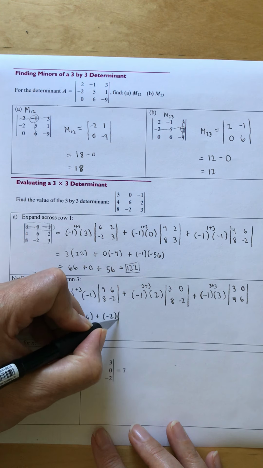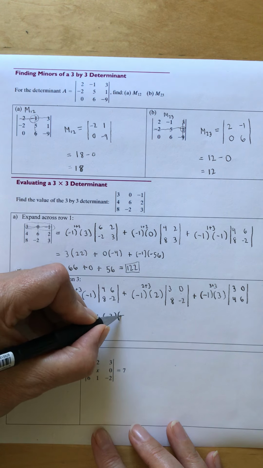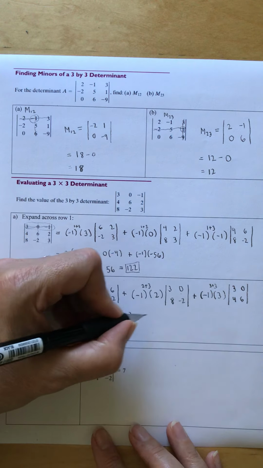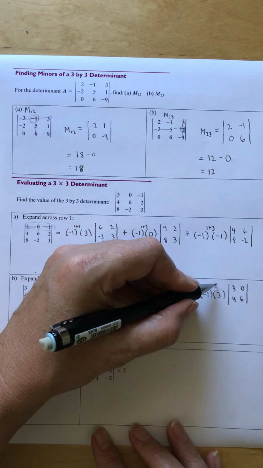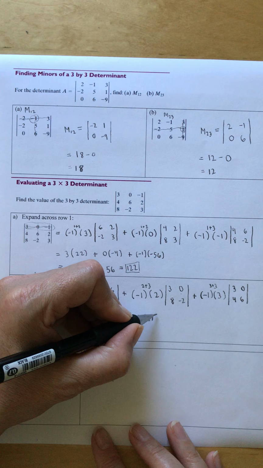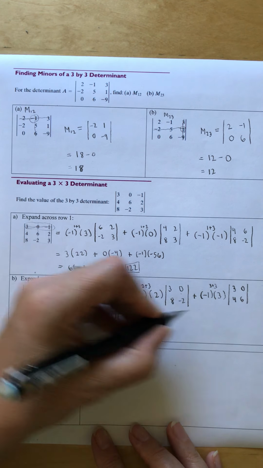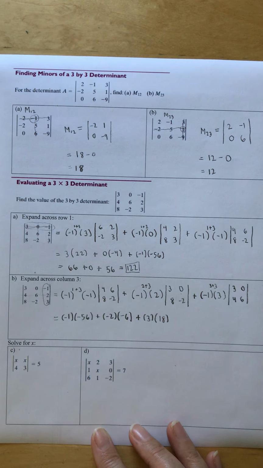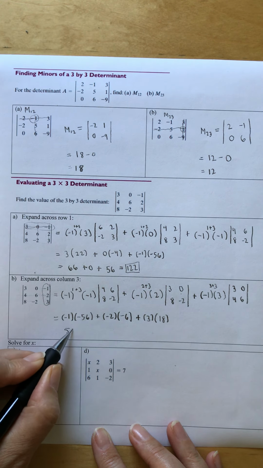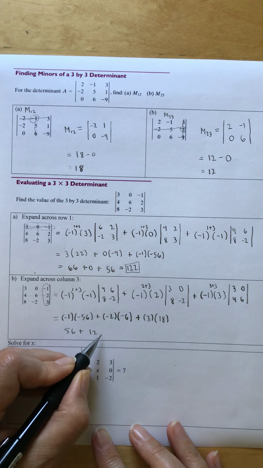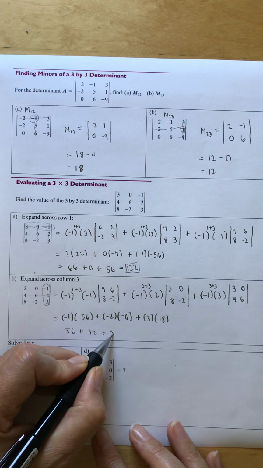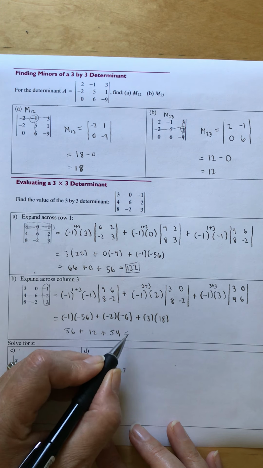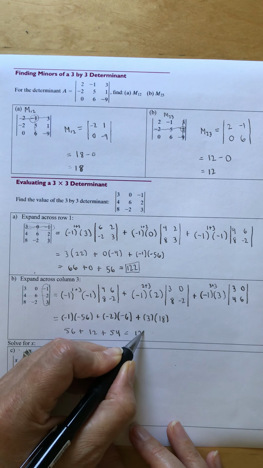This determinant is negative 6 minus 0, and that's going to be a positive 3, because 3 plus 3 is 6, so the negative 1 will become a positive. And this determinant is 18 minus 0. So now I have 56 plus 12 plus 54, and that is 122.